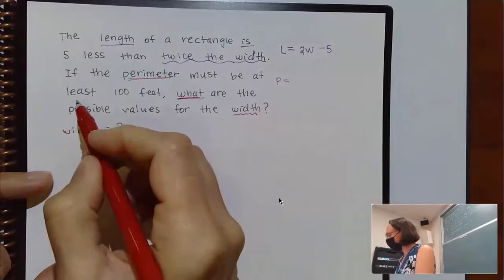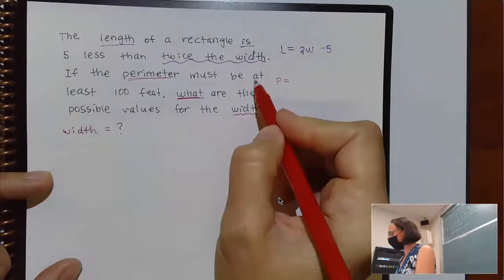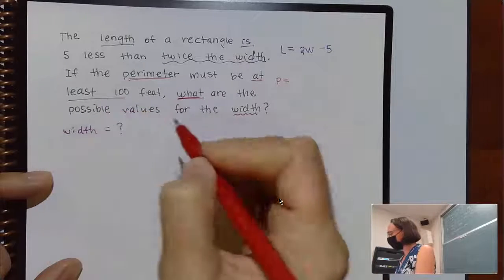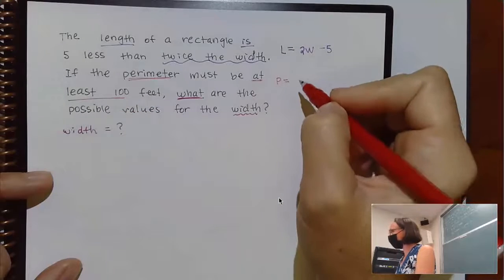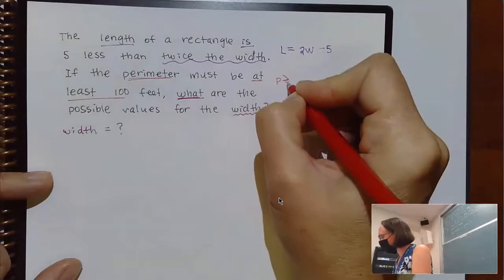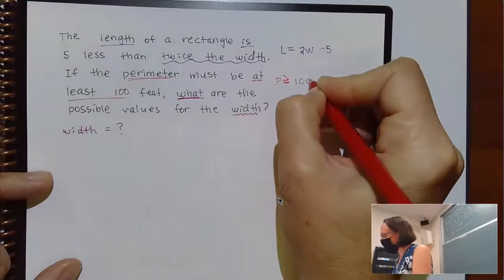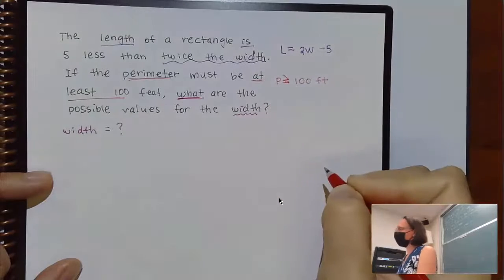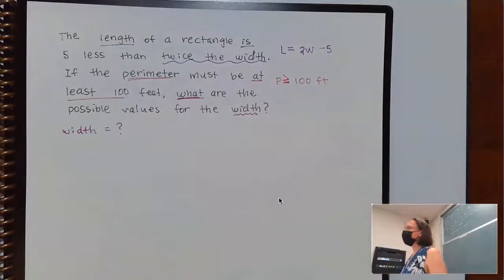And then at least 100 feet. That at least 100 feet means actually the perimeter has to be greater than or equal to 100 feet. That phrase at least means it could be 100 feet, but it could also be more than that.